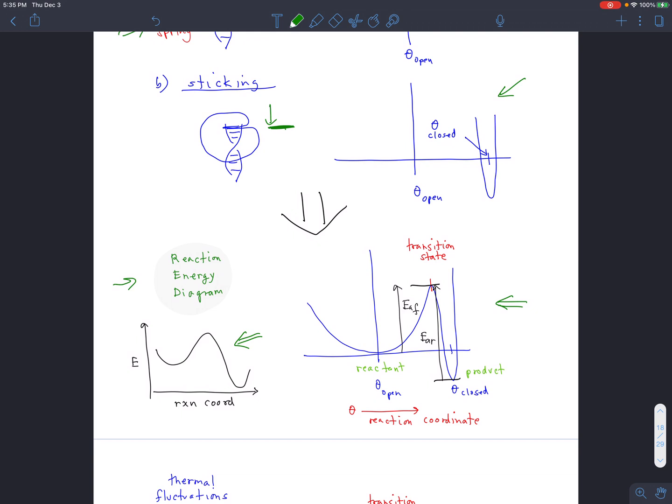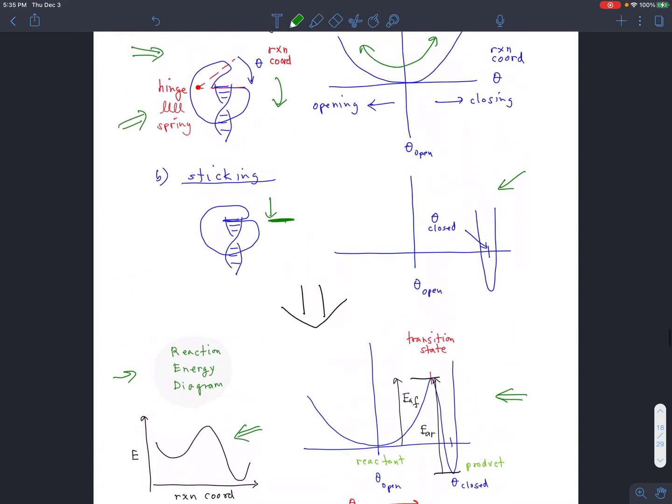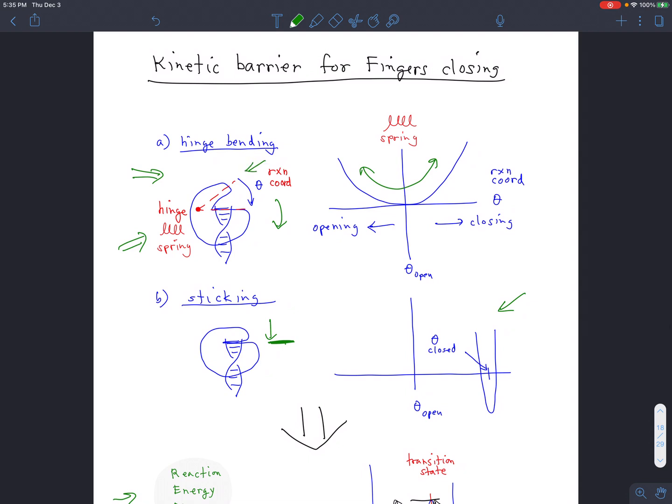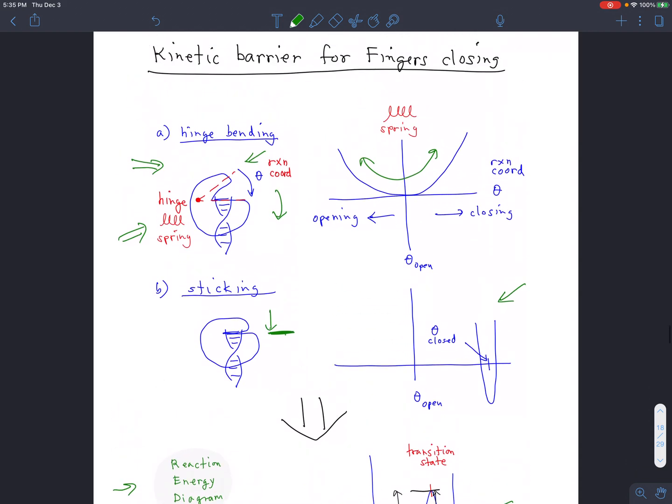where the reaction coordinate that normally exists on a reaction energy diagram is actually the bending angle of the fingers up here. The reason I put this in and the reason I'm reiterating it in this case is because here's one where that reaction coordinate is always mysterious, right? What does that even mean? Well, here, it means a lot of different things in different settings.